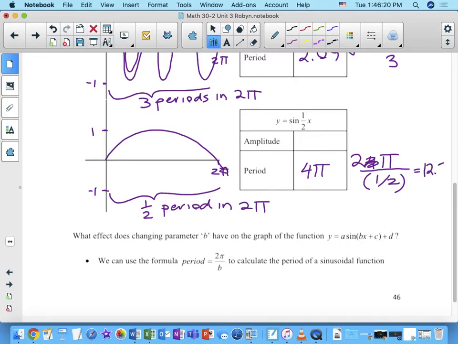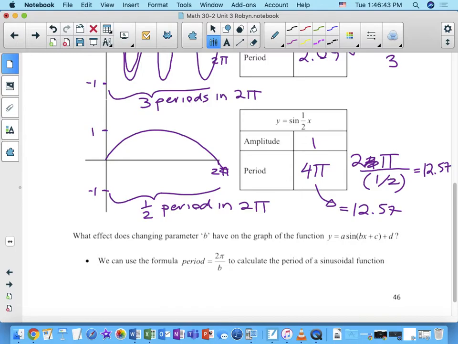Okay, put into your calculator 4 pi. Tell me what you got. 12.57, right. So these are the same thing. Oh, yeah, and the amplitude's 1.